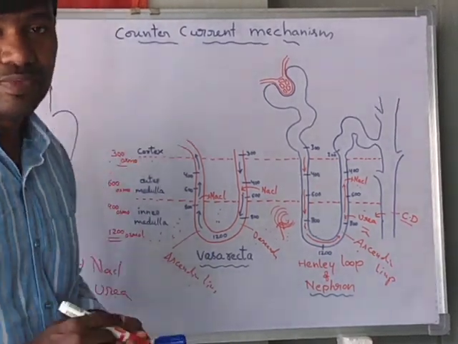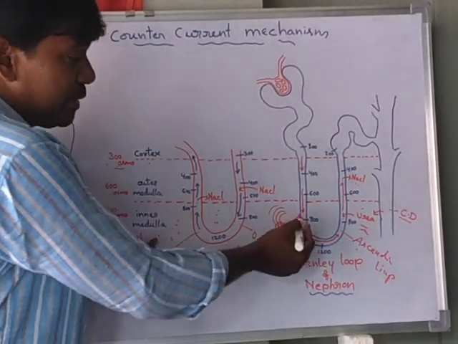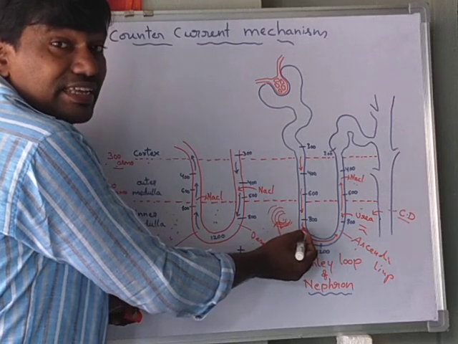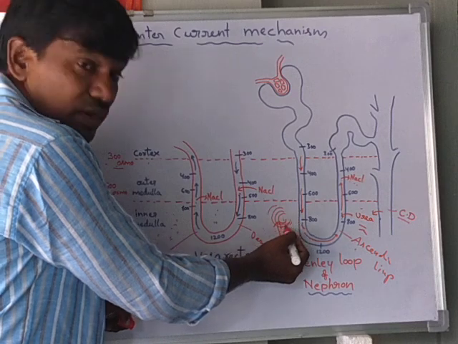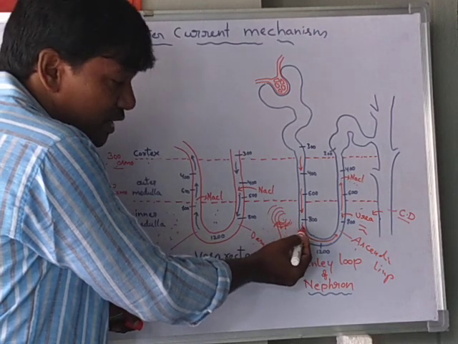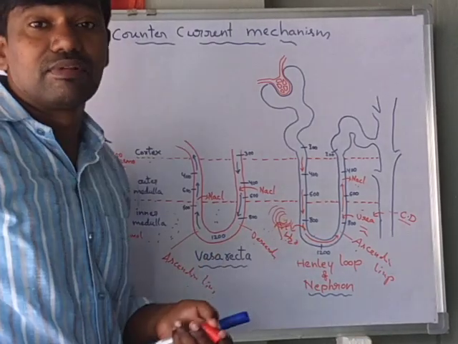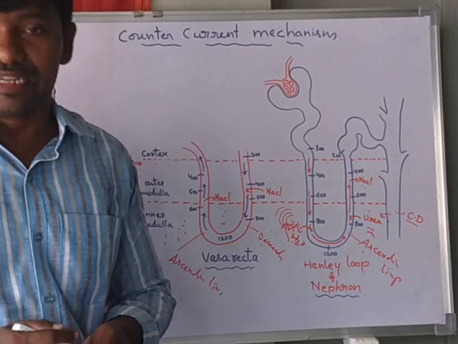Are you clear? When the osmolarity increases in the interstitium, compared to the Henle loop renal fluid, the osmolarity there is lower, so water moves from lower to higher concentration. The water decreases in the renal fluid, and then it becomes concentrated.